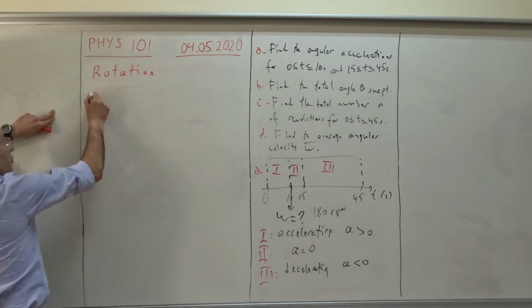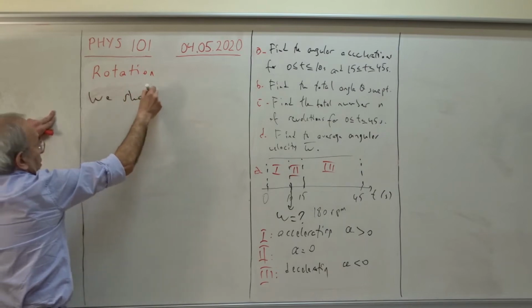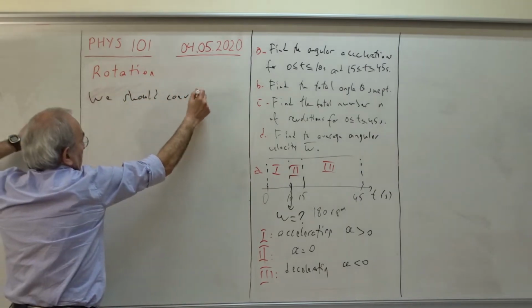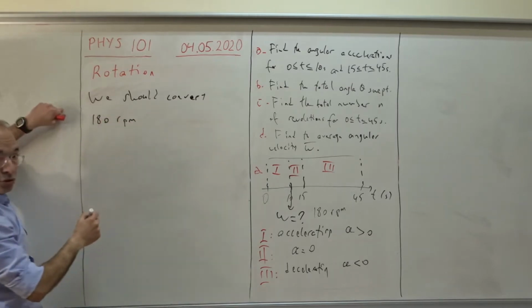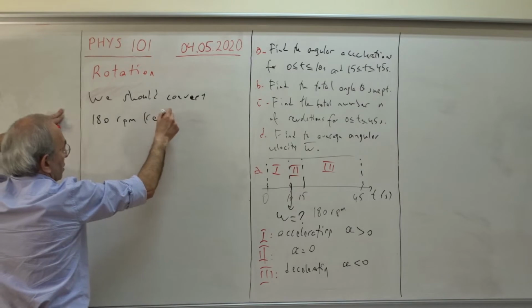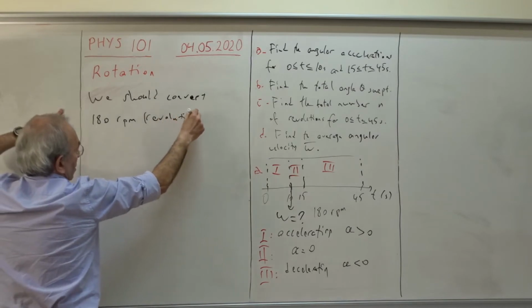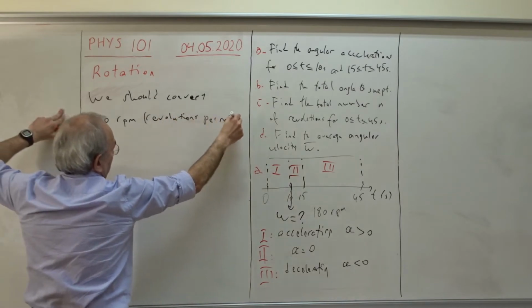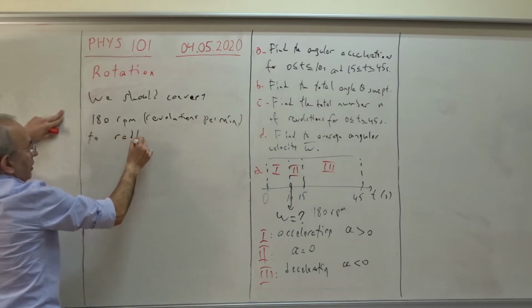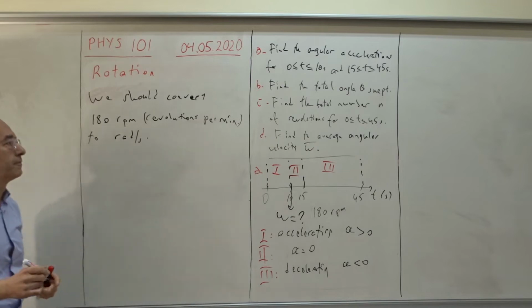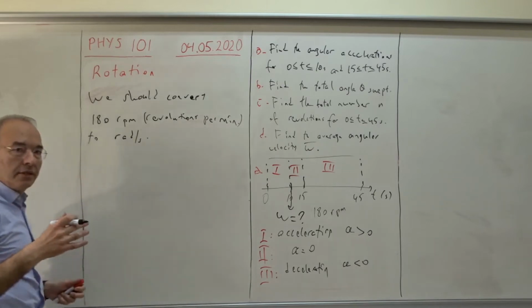We should convert 180 revolutions per minute to radians per second.